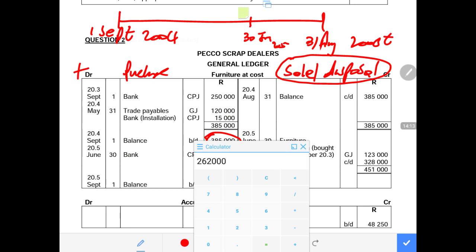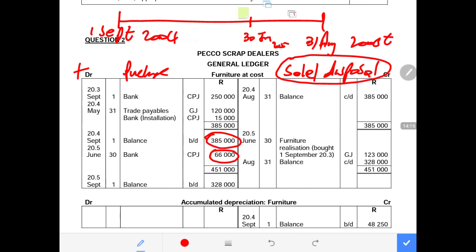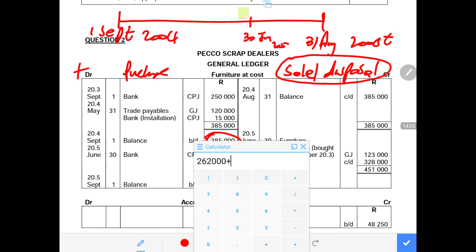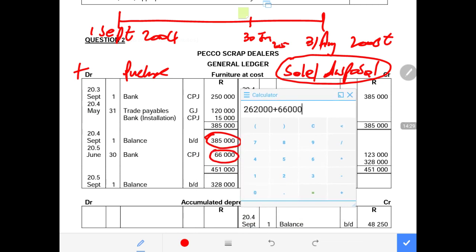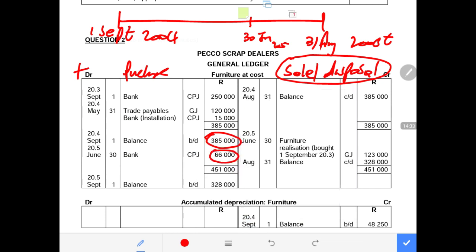The 262,000 rands is the cost of the old furniture. The old furniture that was there previous year, it was not sold, it remained in the business. So now if you say the old furniture plus the new furniture that was bought, which cost us 66,000 rands, we can say that it gave us 328,000 rands. That becomes the cost of our furniture at the end of the year.